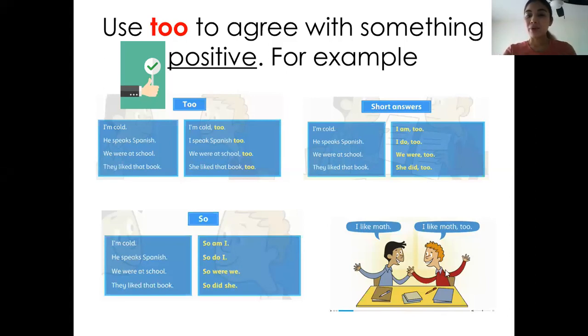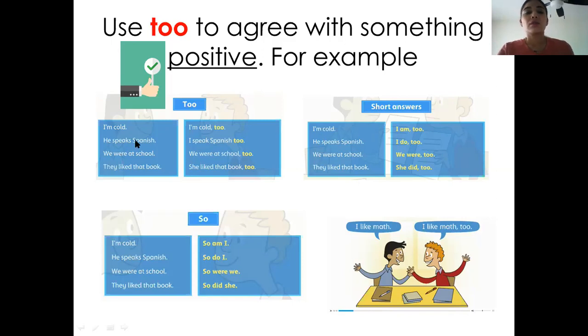And the other boy expressed the same idea: "I like math too." This is an example of a positive statement.